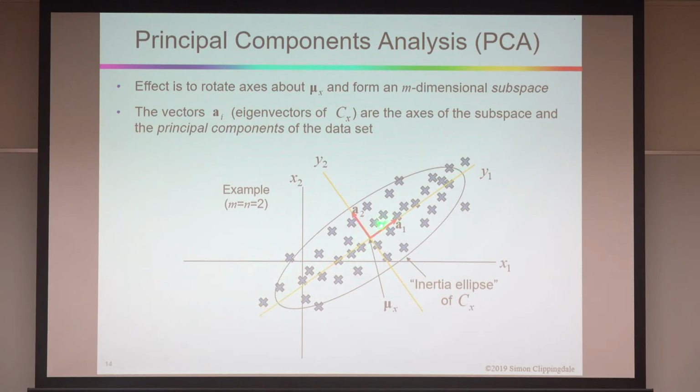So having transformed x1 and x2 into a new vector, y1 and y2, y1 and y2 are not correlated with each other. You can't predict anything about y2 if you know the value of y1 and vice versa. So they're uncorrelated with each other, unlike x1 and x2.